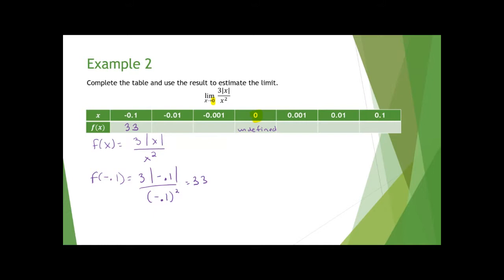Okay, so we're just plugging in numbers here. So now I need to plug in negative 0.01. Again, I take the absolute, oops, that 33 is not correct. I'm looking at my calculator and I see that I accidentally plugged in 0.11 instead of negative 0.1. Why is this not letting me erase?